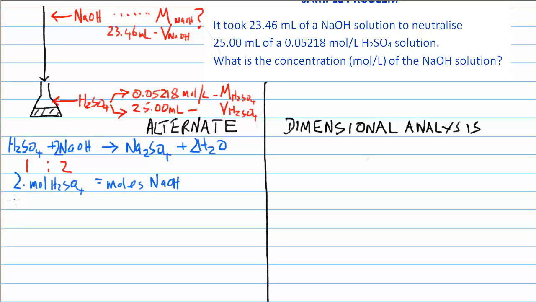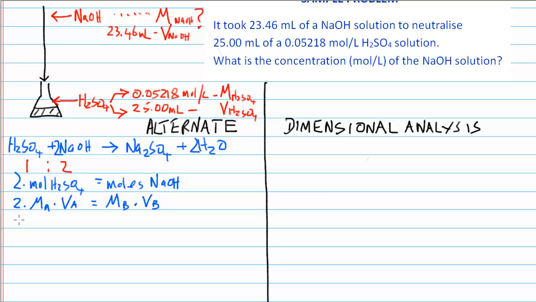Therefore, we can come up with the equation 2 times the molarity of the acid times the volume of the acid equals the molarity of the base times the volume of the base. Remember, molarity times volume equals number of moles.